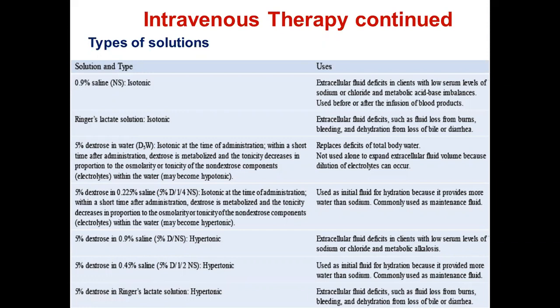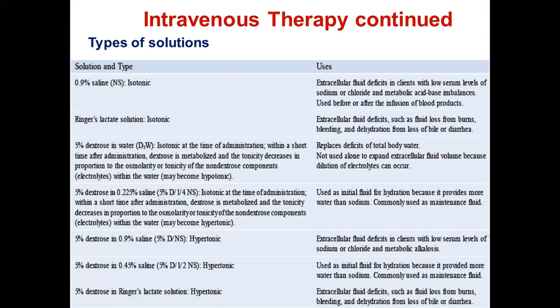We categorize these solutions according to tonicity. Like 0.9% saline is isotonic on the basis of tonicity. What is tonicity? Tonicity means the concentration of the solution, or the number of dissolved particles in the IV solution, and this is always compared to the intracellular fluid.